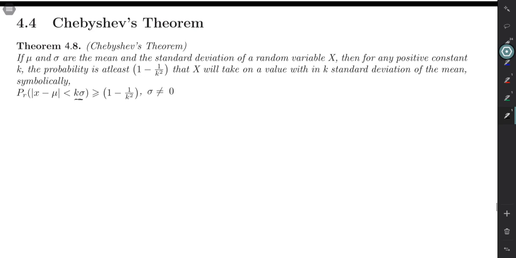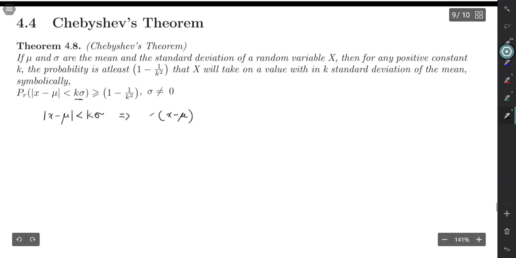Let's look at this expression, the absolute value of X minus mu less than k times sigma. What does this mean? If you want to drop the absolute value, how do you write this? This is simply X minus mu within negative k times sigma and positive k times sigma. Recall that if you have something like absolute value of x less than 3, it means x is in between negative 3 and positive 3. It's the same thing.